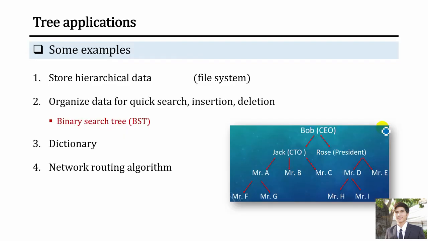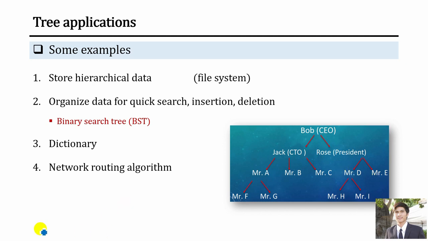Okay, next we'll see what applications we can use trees for. Trees can be used, for example, to store our data hierarchically, like a file system, where folders are nested. The second one is we can organize our data for quick search, insertion, and deletion, for example using a BST, binary search tree, because in a binary search tree there's a rule for whether we store data to the left or to the right.